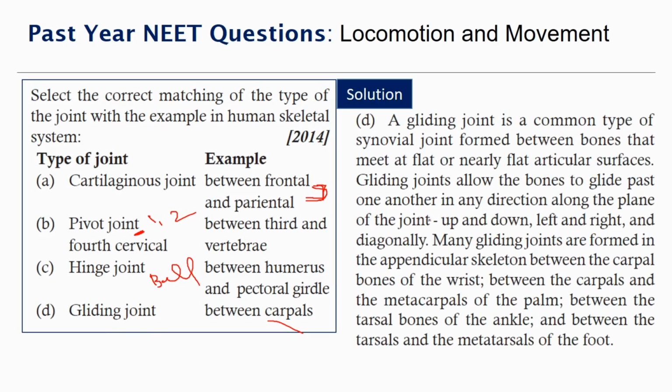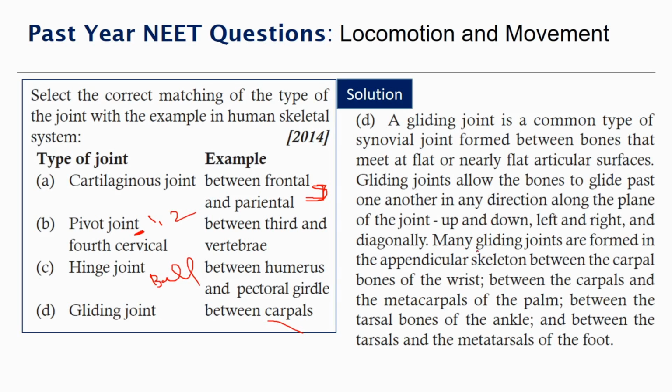A gliding joint is a common type of synovial joint formed between the bones that meet at flat or nearly flat articular surfaces. Gliding joints allow the bones to glide past one another in any direction along the plane of the joint, up and down, left and right, and diagonally.